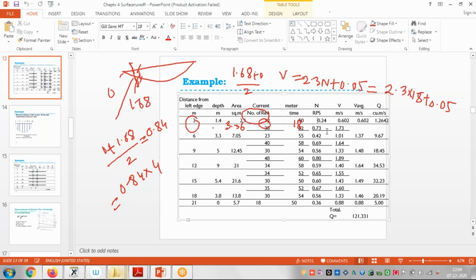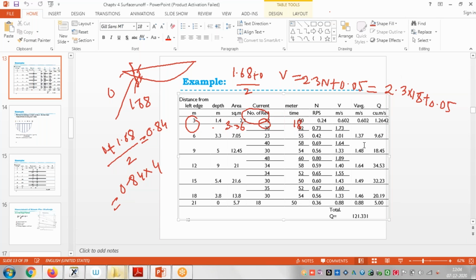Now after that, on the second calculation, they have taken 0.73. So 0.73 multiplied by 2.3 plus 0.05 gives 1.72.